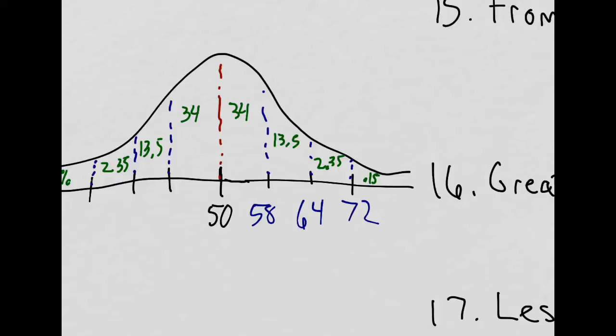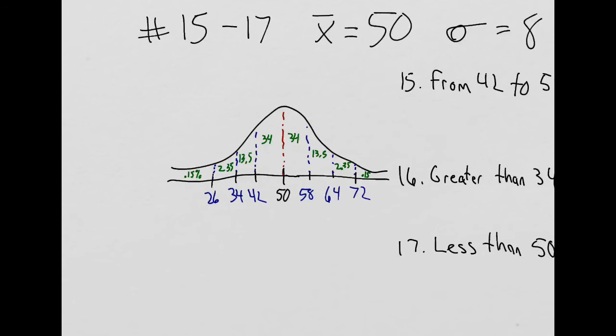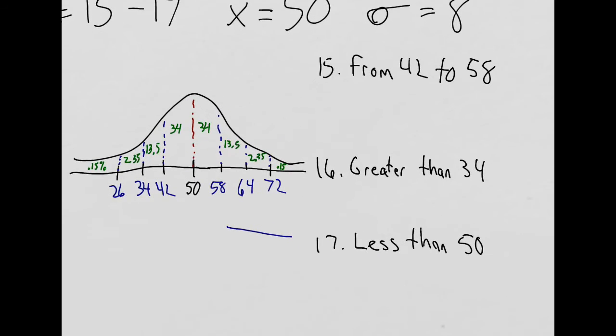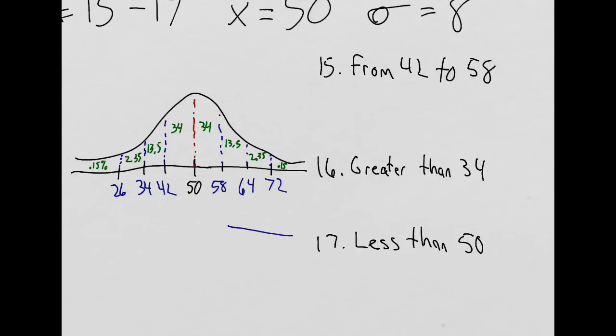And you can subtract as well. If we go down, 50 minus 8 is 42, then 34, and then 26. And then you can answer some questions on what percentage you can expect between certain ranges of data.